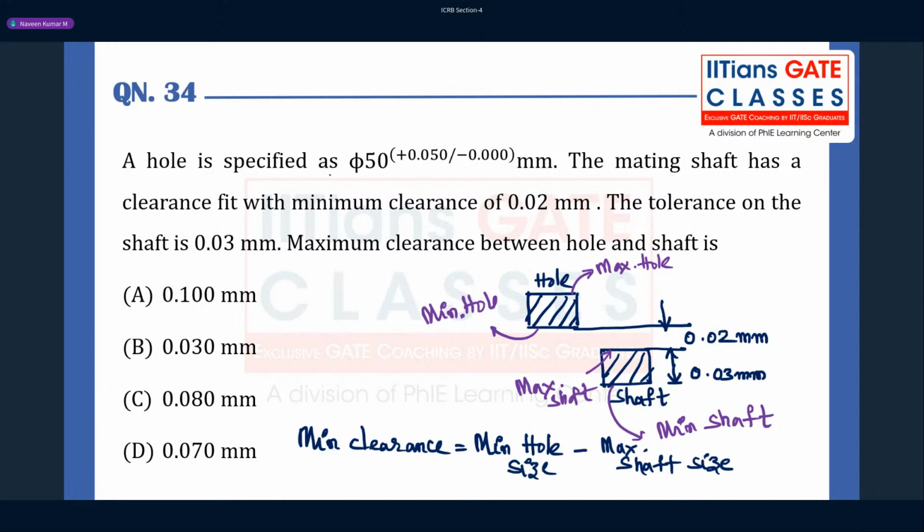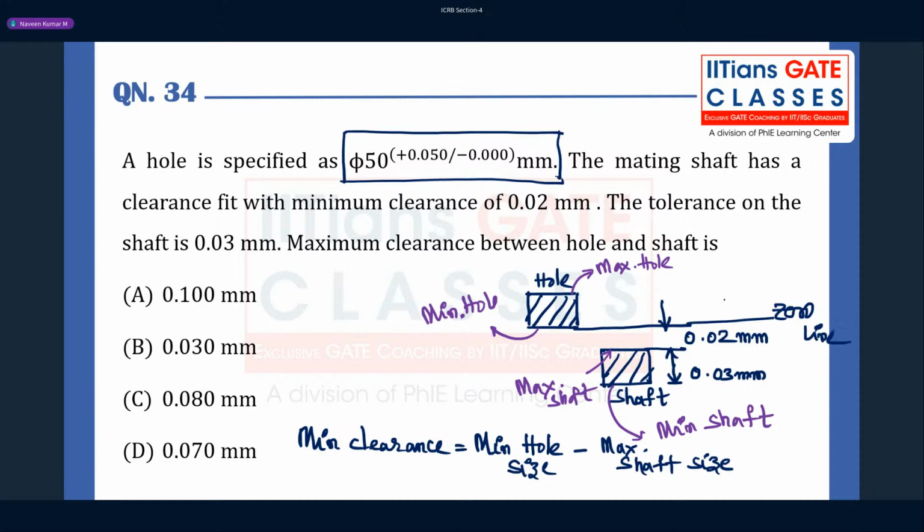Here they have given 50. This is important. A hole is specified as 50 plus something, minus 0. The upper tolerance is this much and the lower tolerance is 0. It means this is a hole basis system, and this is your zero line.